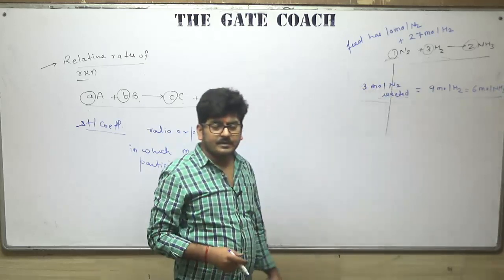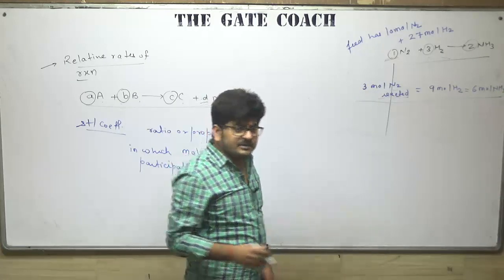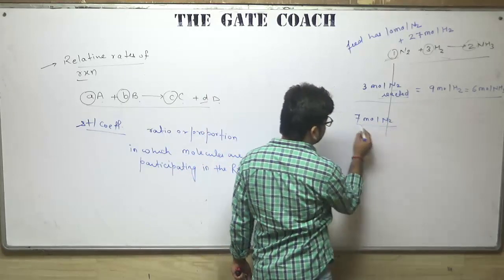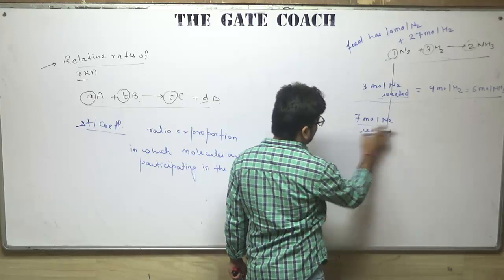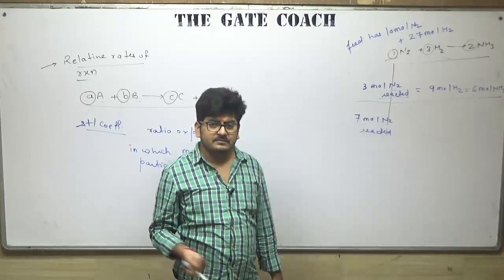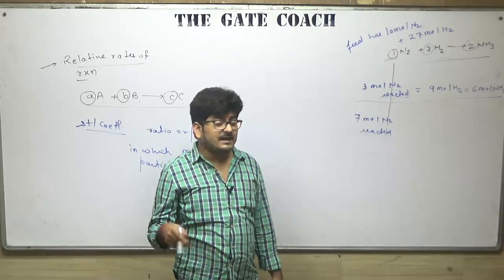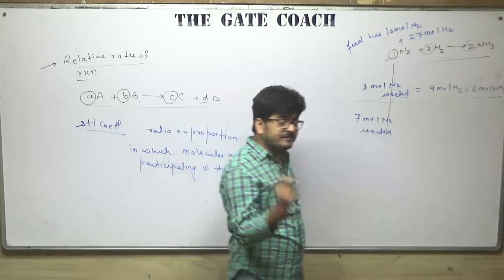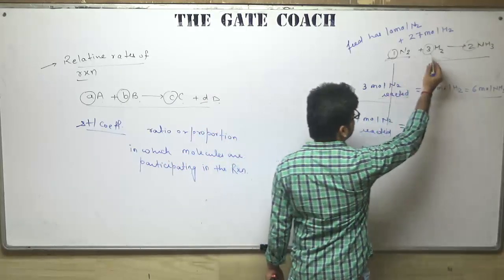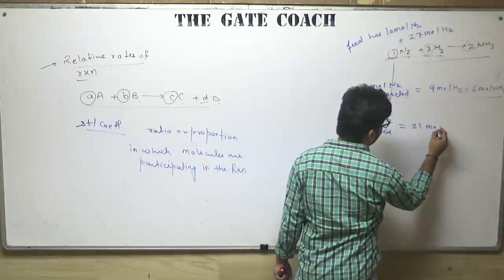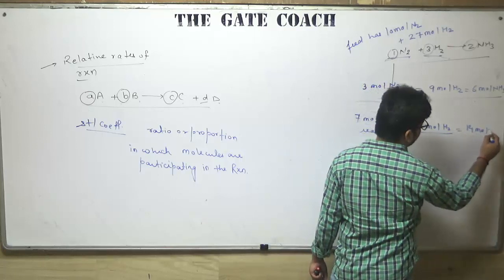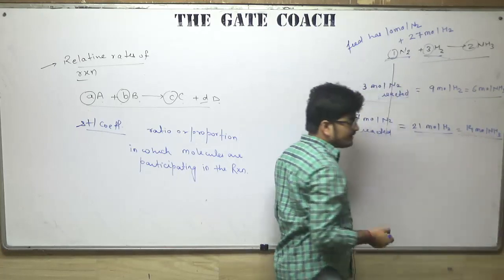Okay. At another time t, suppose 7 moles of nitrogen reacted. Then the amount will be different, the numbers will be different. 7 moles nitrogen will react with 21 moles of hydrogen to give 14 moles of ammonia. Okay.